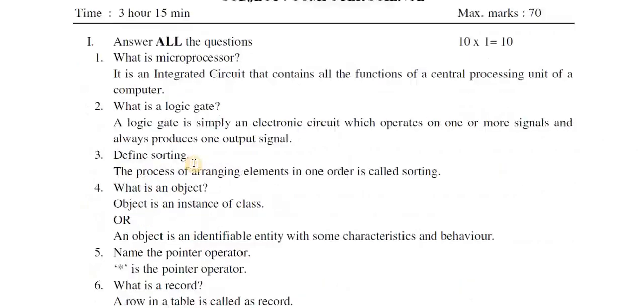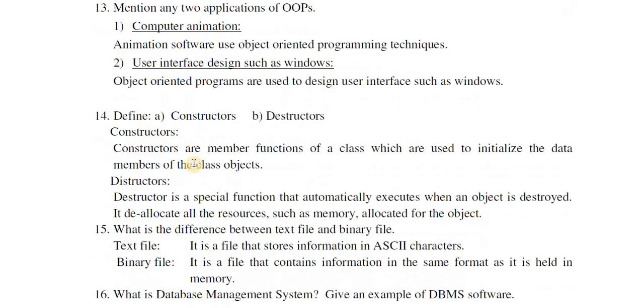March 2017 question paper. The 2 marks question is: define constructor and destructor. This is very easy. Constructor is a special member function of a class which is used to initialize data members of class objects. There are many definitions, you can write any one.